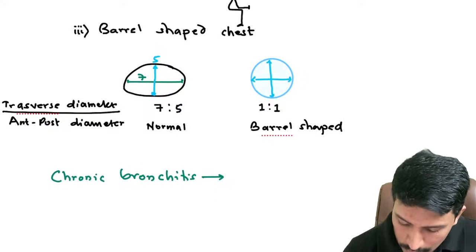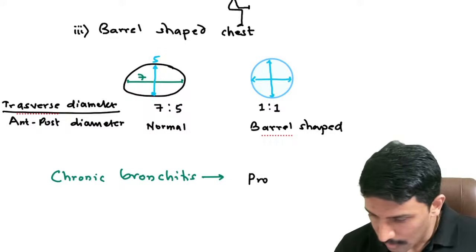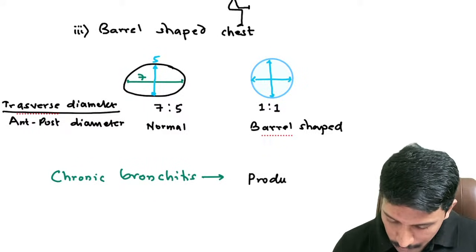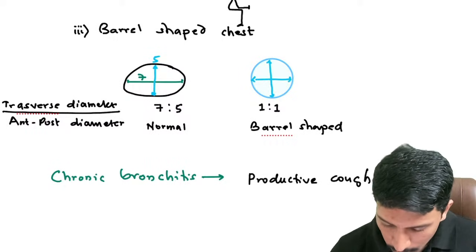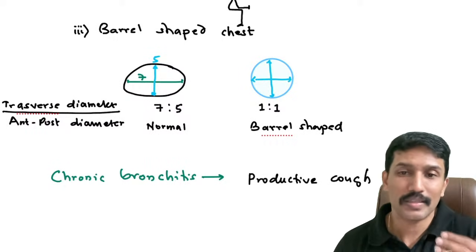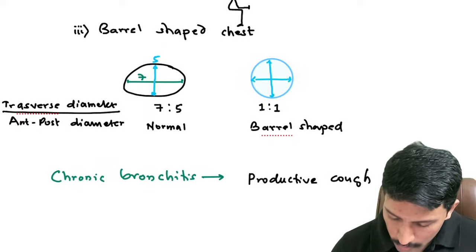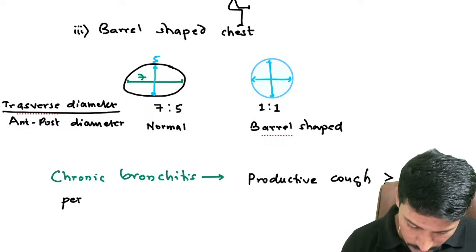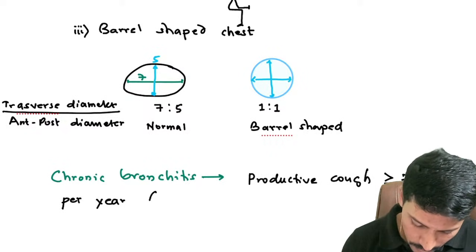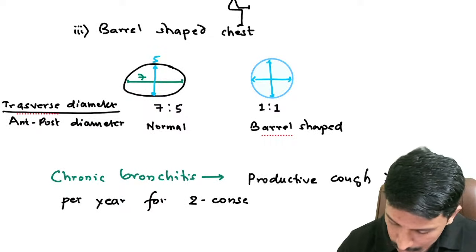So a patient has got productive cough. Yes, good, very good. So productive cough. Productive means cough with sputum. Productive cough of more than or equal to 3 months per year for 2 consecutive years.